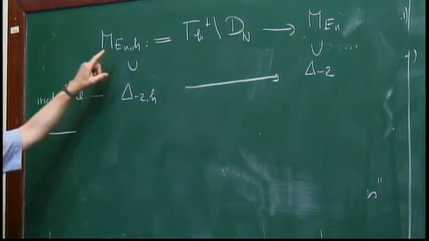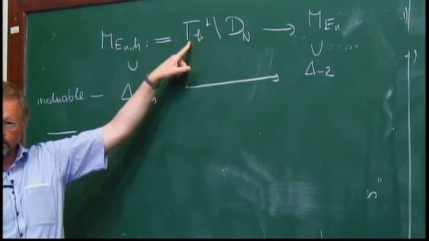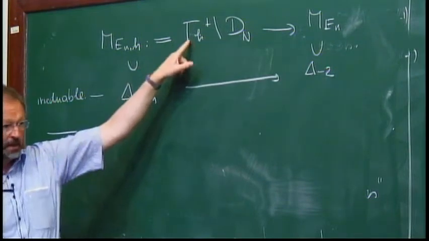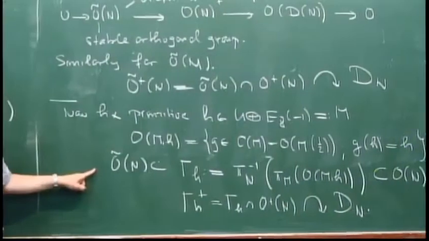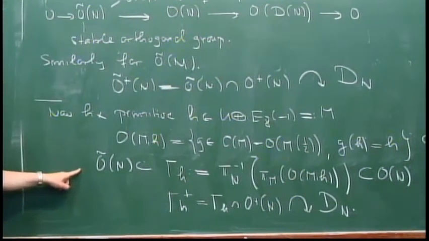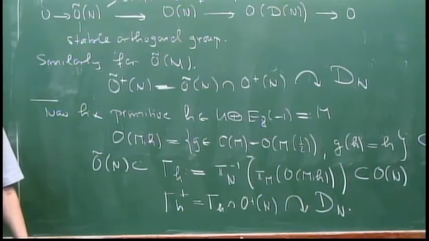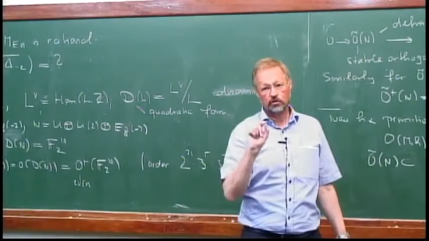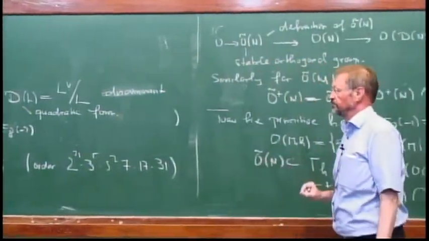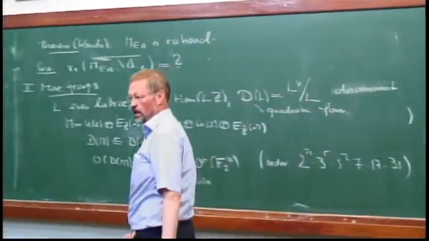It's not the biggest. I could have taken out here O tilde, which is an even smaller group. So my gamma h contains O tilde. If you take O tilde, it still acts transitively on all roots in n. Yeah? So it still remains irreducible. This is a finite degree. Yeah.